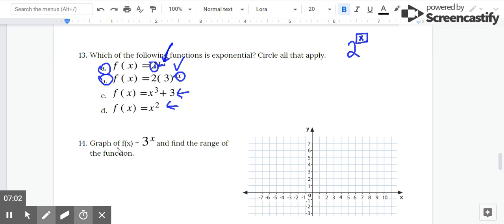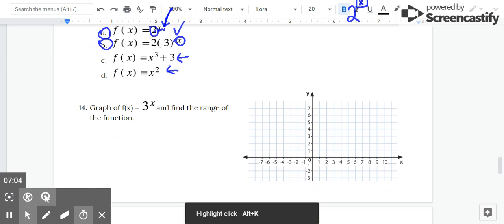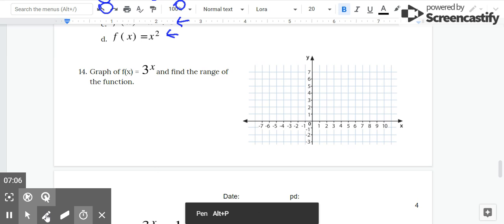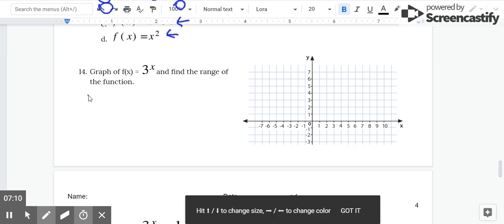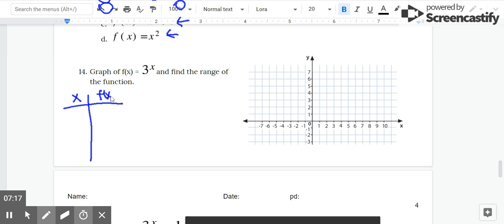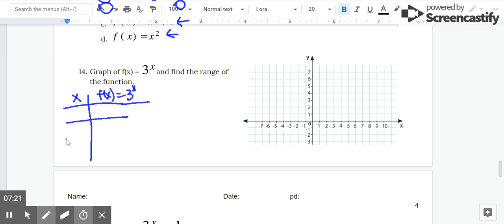All right, we're going to graph number 14, and you need to have a table. I'm going to ask you to have a table. So now we have x and we have f of x, which is 3 to the x power. And how many numbers do we need?